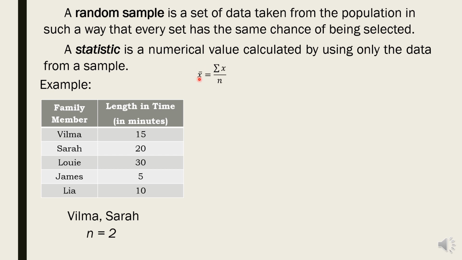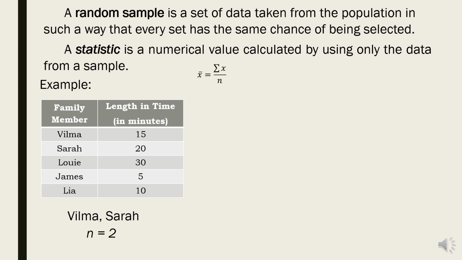Earlier, for the population mean, we used mu. Then, for a sample mean, we use x bar, and that is equal to the summation of x over the sample size n. Since we only took two, our n here is 2.